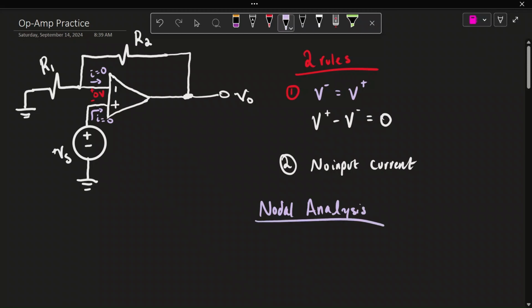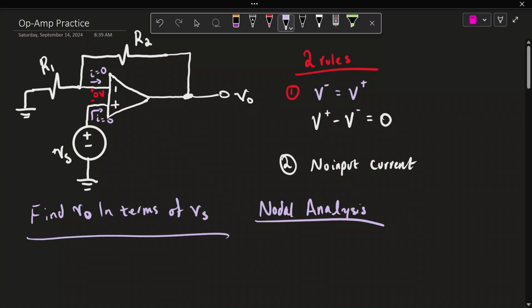What we're trying to find is V out in terms of VS. If you've seen homework 4, this is exactly what it asks you to do a lot of the time. So we want to find V out in terms of VS.